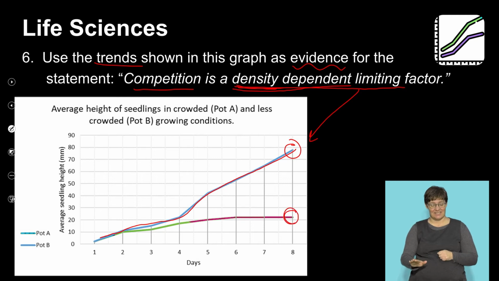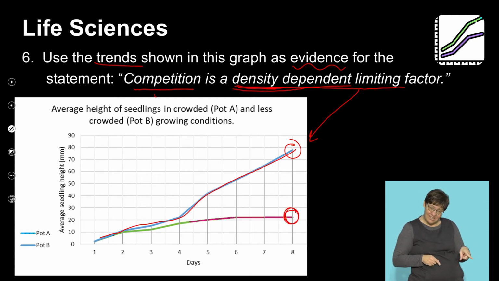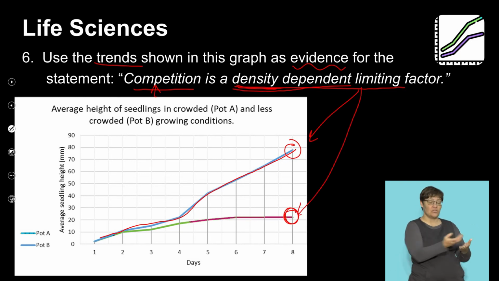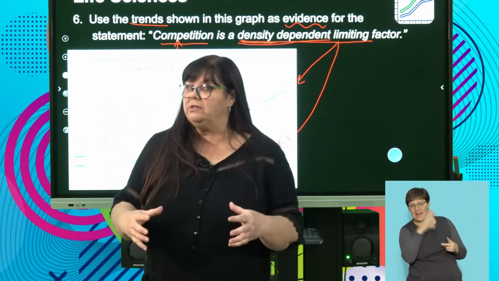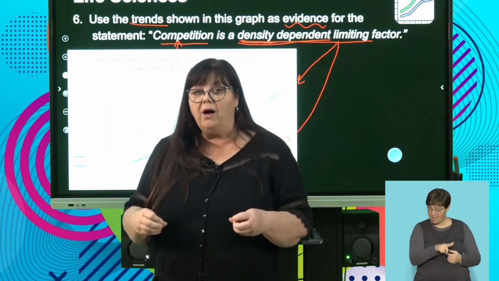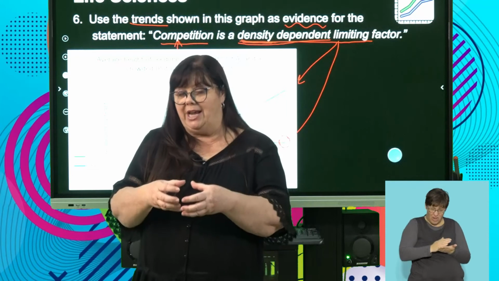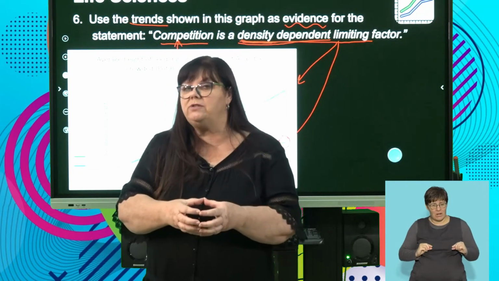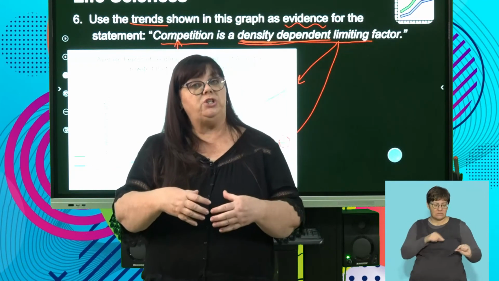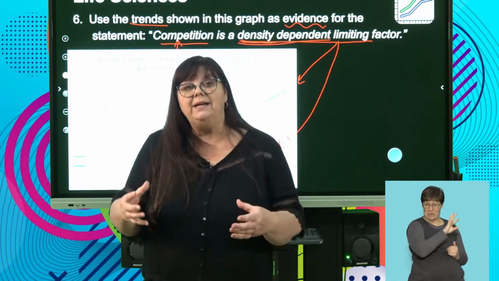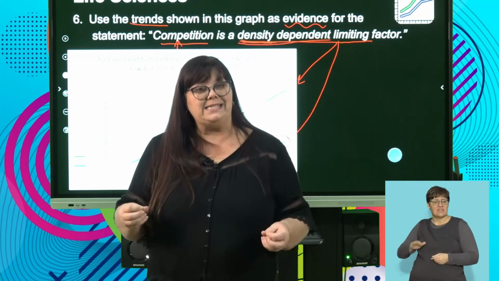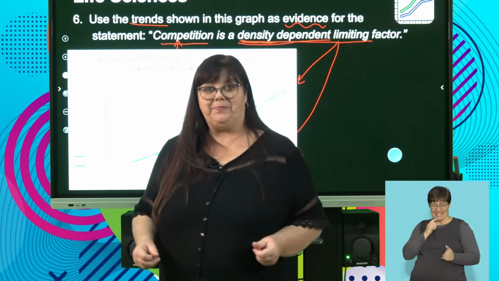When there is crowding and therefore greater competition, the limiting factors, in other words, water, light, minerals in the soil, are now going to have to be shared. The same amount of resources are going to have to be shared with a greater or a more dense population.